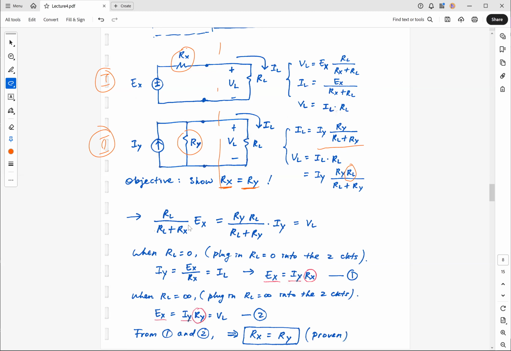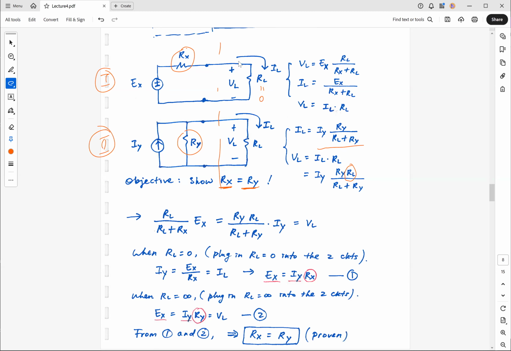So when RL is equal to 0, so this guy here is equal to 0, that means IL, the current IL, is simply equal to EX divided by RX. Right? So when RL is equal to 0, this here is shorted out.